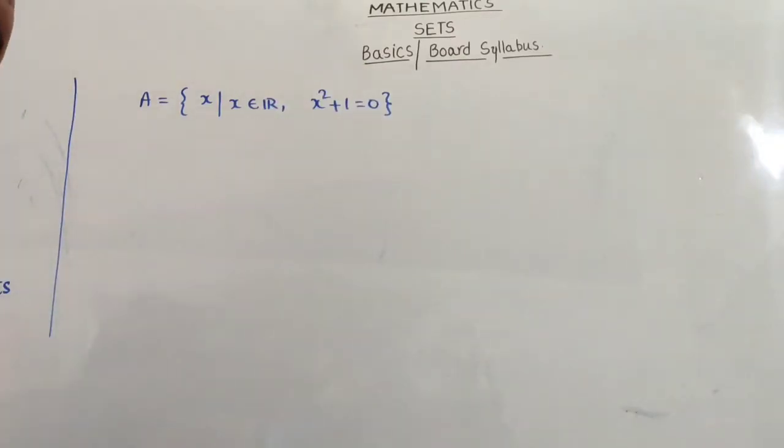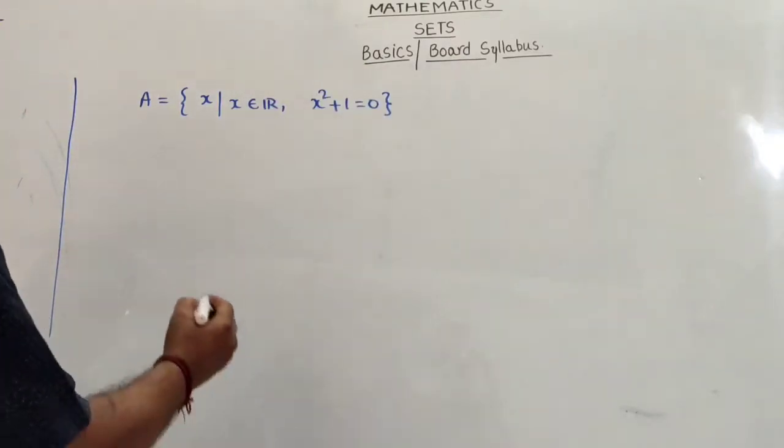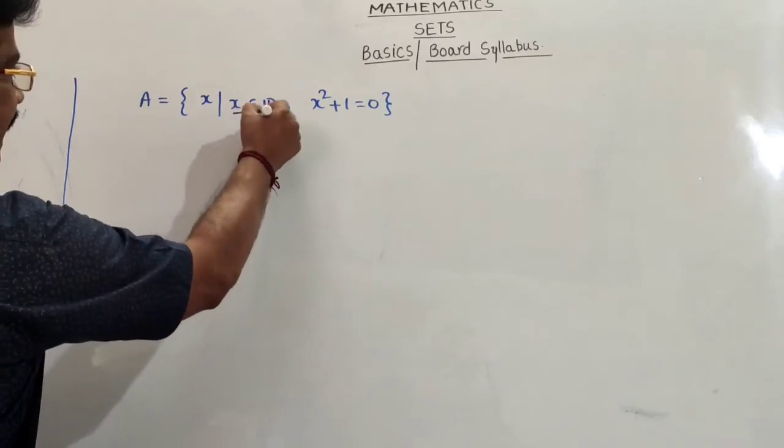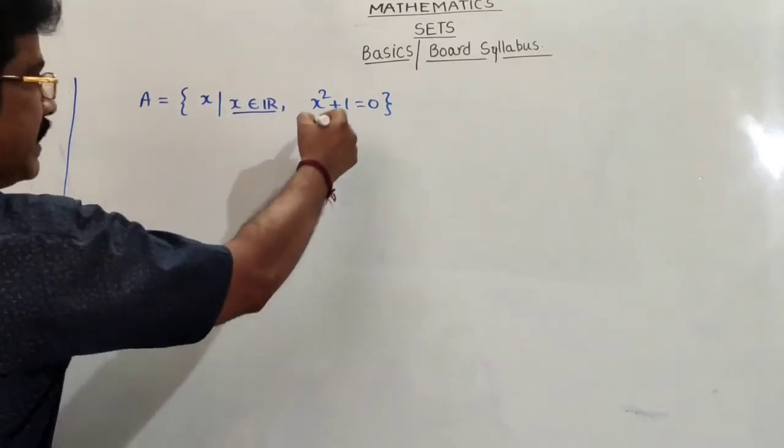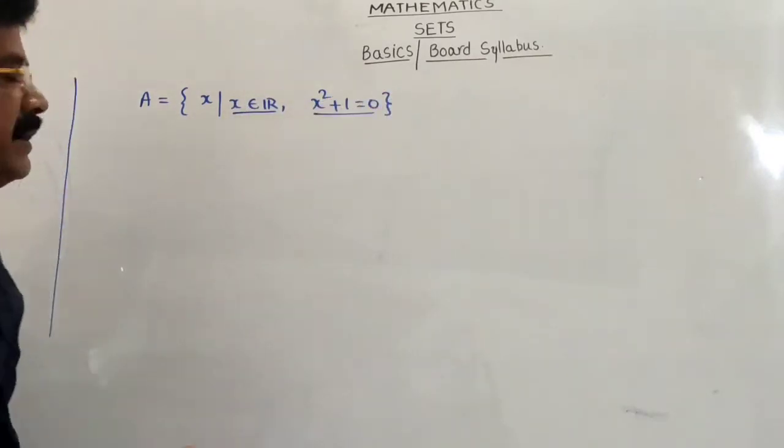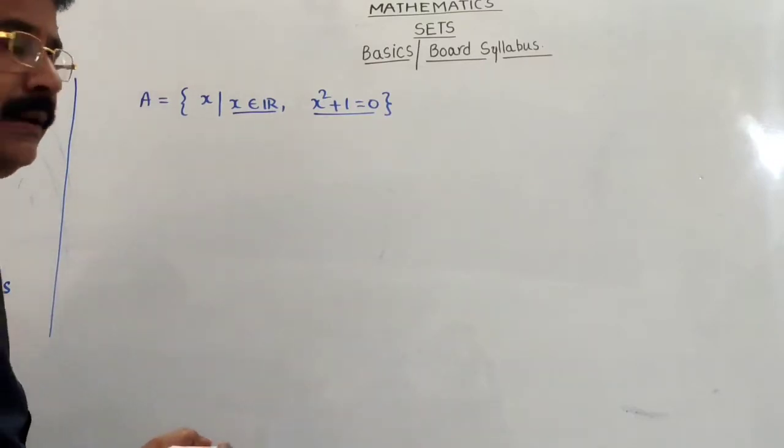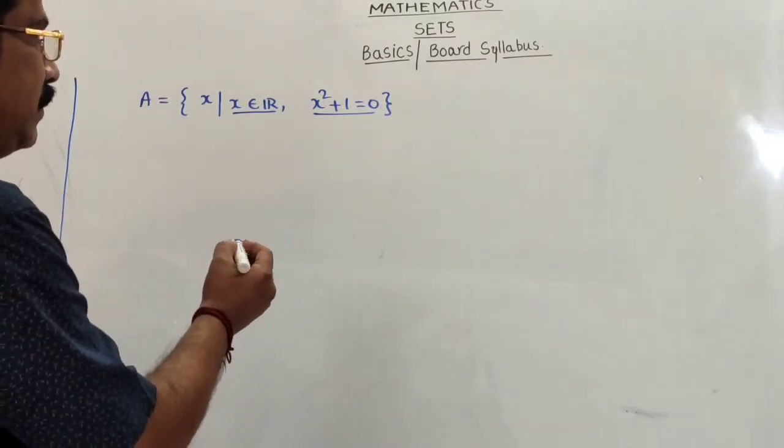Let us consider this set. It says x is a real number, but x should satisfy the equation x square plus 1 equal to 0.